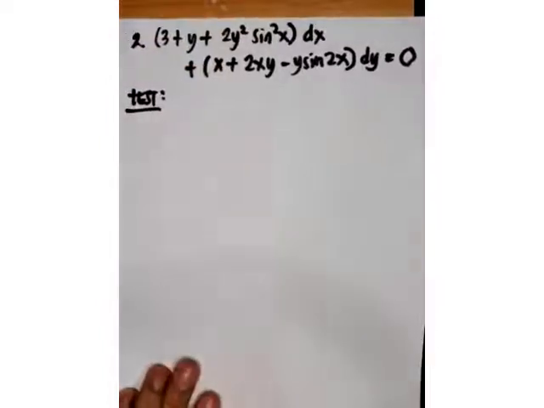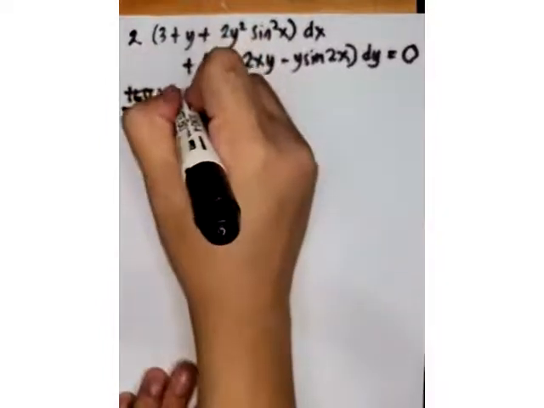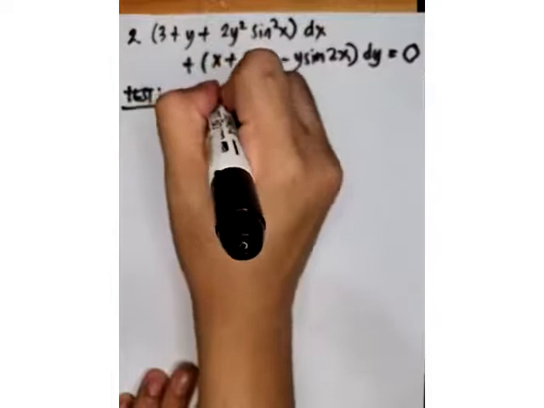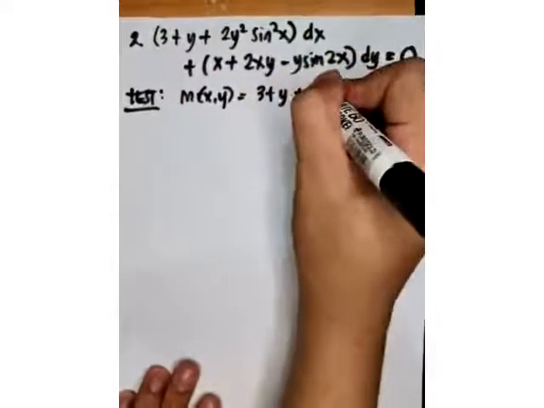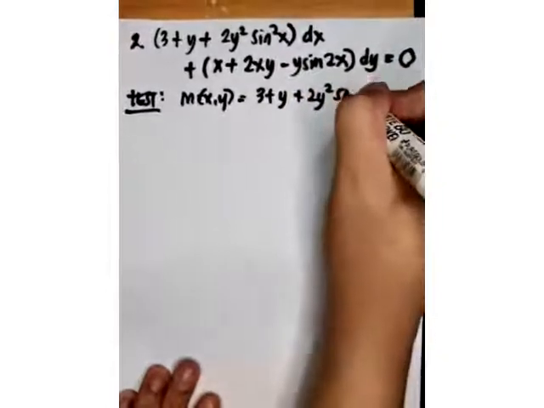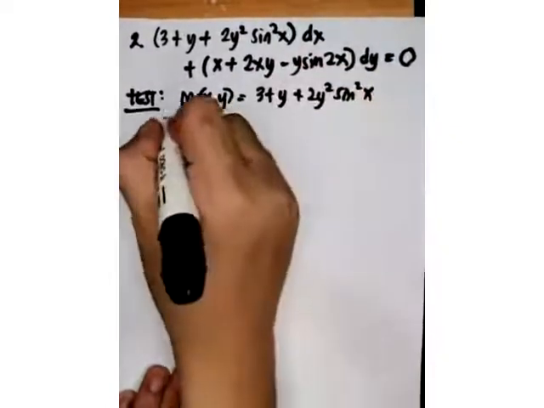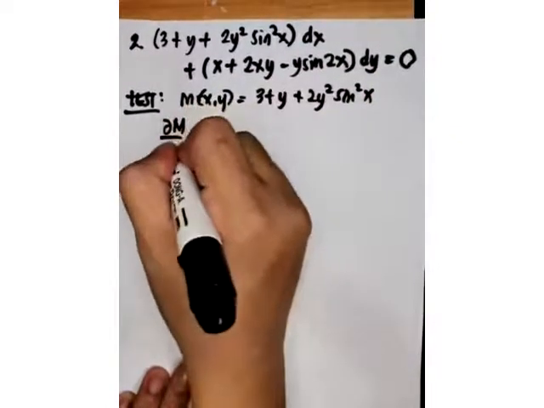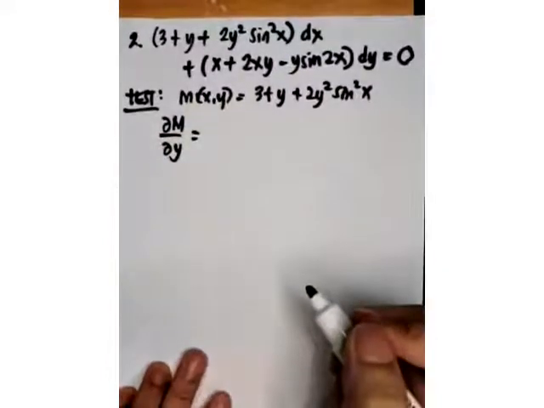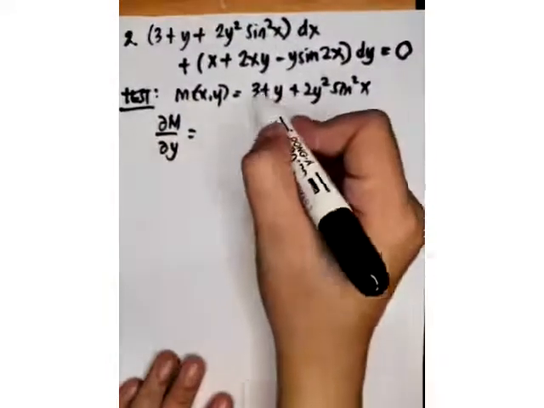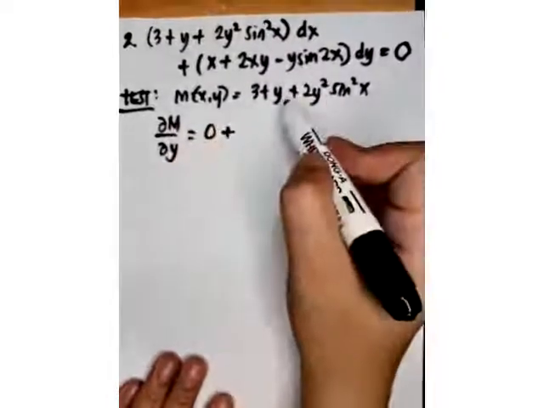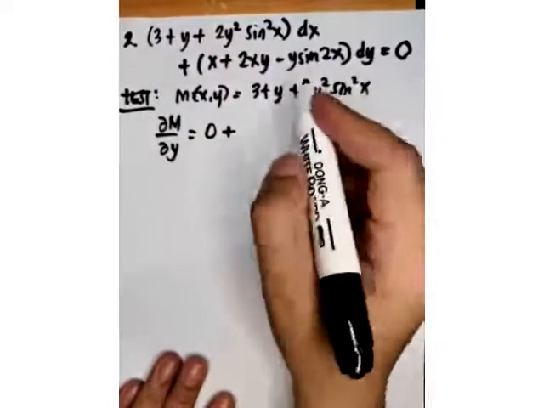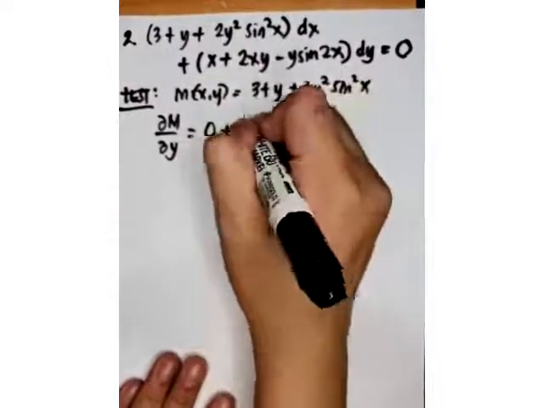Okay, so what's our M? Our M of xy is equal to 3 + y + 2y² sin²x. So what's the partial derivative of M with respect to y? The derivative of 3 is 0. Plus, the derivative of y with respect to y is 1.